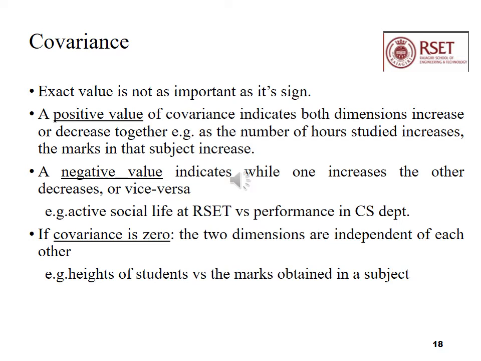Example, the active social life at RSET versus the performance in the CS department. If covariance is 0, the two dimensions are independent of each other. Example, the heights of a student versus the marks obtained in the subject.